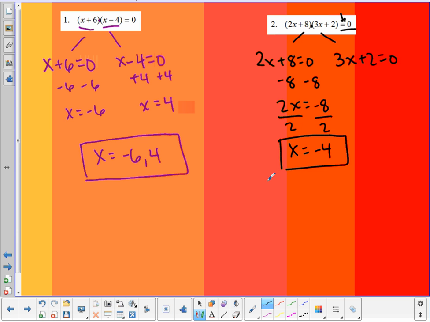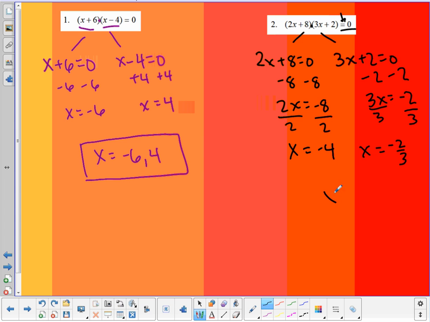So that's one of my solutions. The other solution, I would subtract 2 and get 3x is equal to negative 2, and then divide by 3. And I end up with x is equal to negative 2/3. So my two solutions together are negative 4 and negative 2/3.